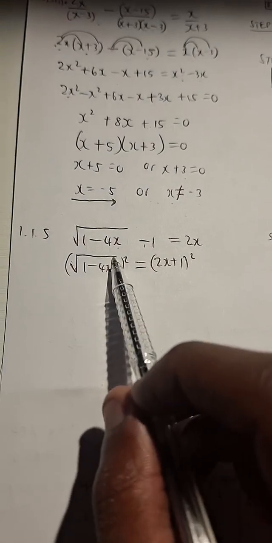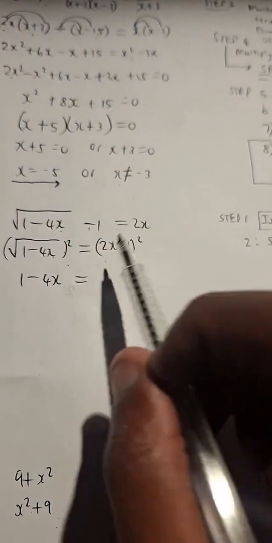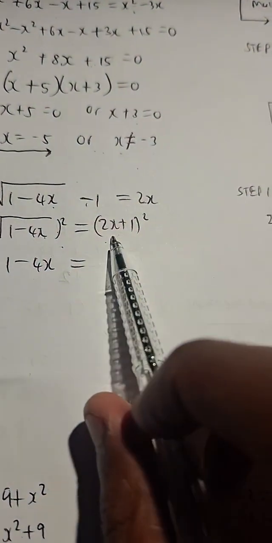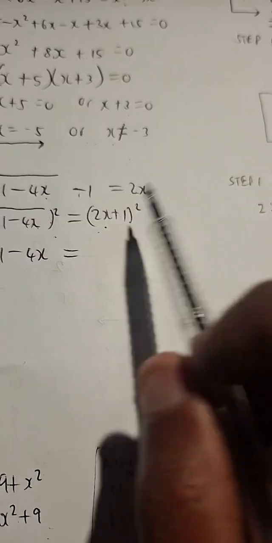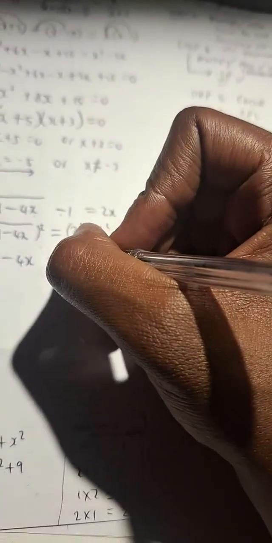When we square both sides, what happens to the square root? It disappears. We have 1 minus 4x on the left. Let's not make the mistake of squaring only the first term and the last term. When there's a plus and a minus sign, we open 2 brackets and then we foil.